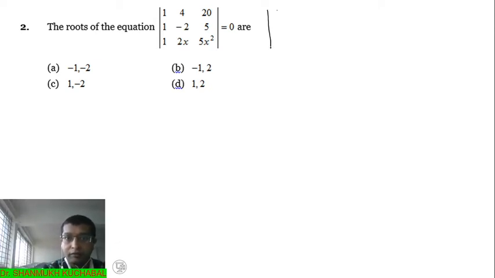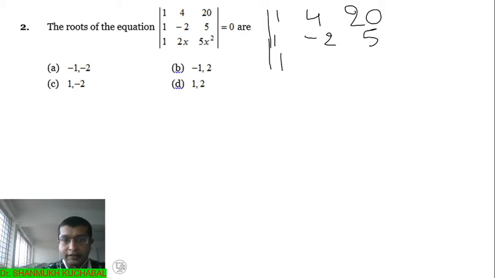So it is 1 4 20, 1 minus 2 5. I take x equal to minus 1. We get this is 1, this is minus 2, and minus 1 square, so we get plus 1, we get 5 here, right?